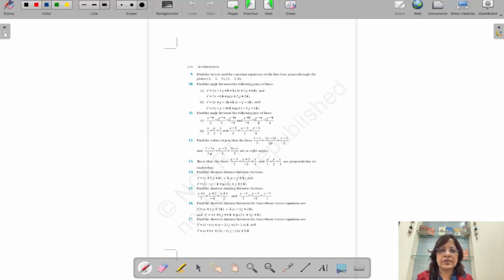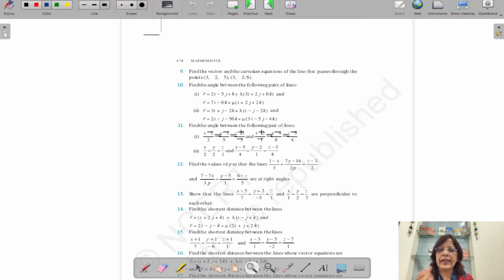Okay. This is now. Find the vector and Cartesian equation of the line passing through two points, given as 3, 2, 5. Actually, I think this will be minus: 3, minus 2, minus 5 and 3, minus 2 and 6.